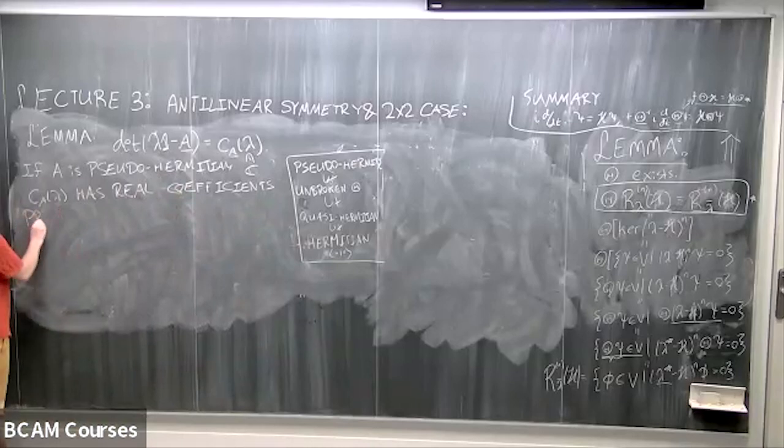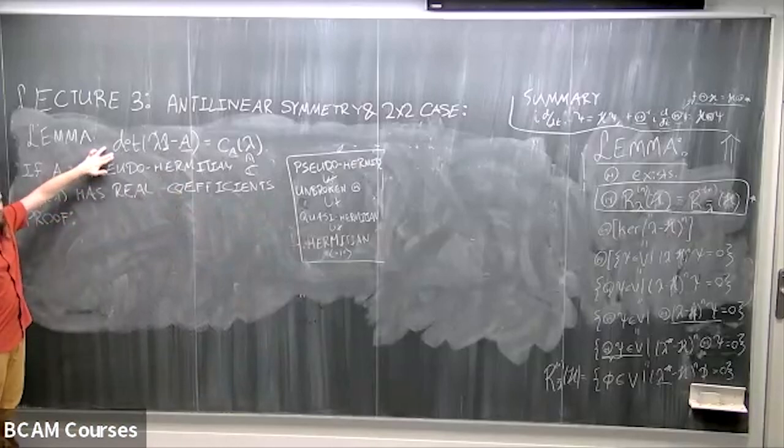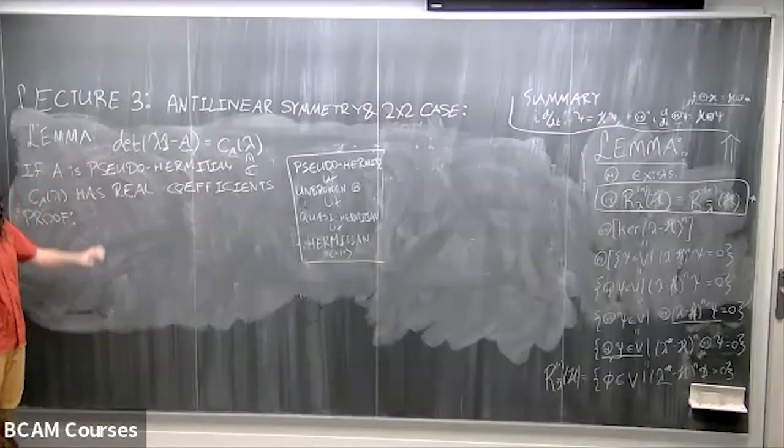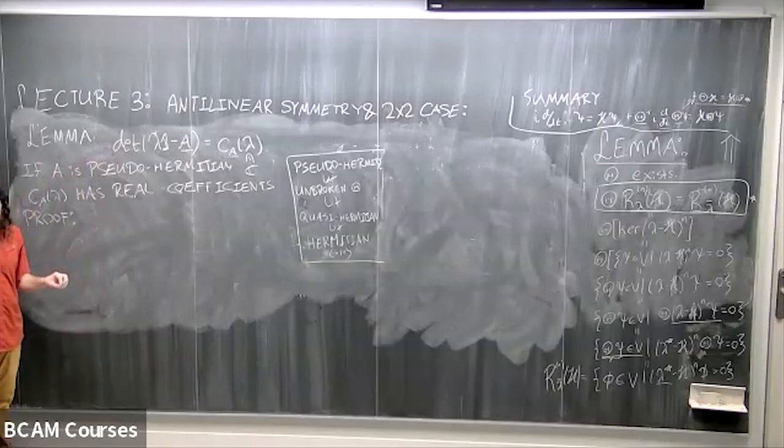So the way you prove this lemma just follows from elementary algebra on the determinant rules. So pseudo-Hermitian, we'll remember, means symmetric in a G space with G invertible.